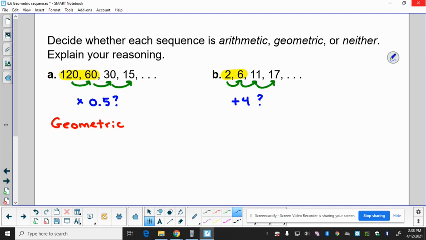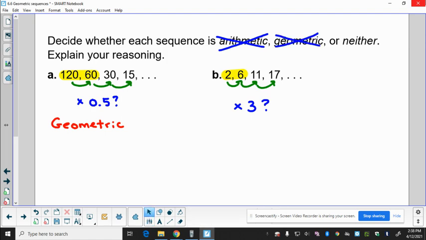I don't think so. So it's not arithmetic. Let's try something else. How about we try 6 divided by 2? Isn't 6 divided by 2 3? It is. So is this a process of multiplying by 3? That won't work either, will it? Nope. So it's not geometric.